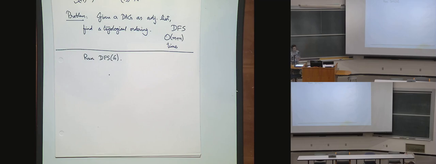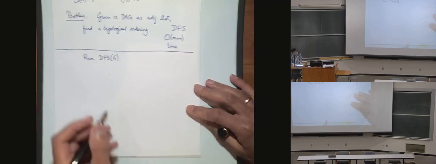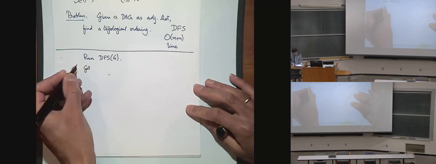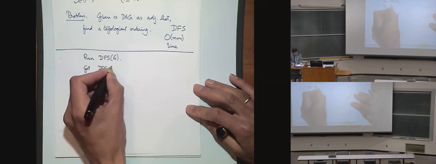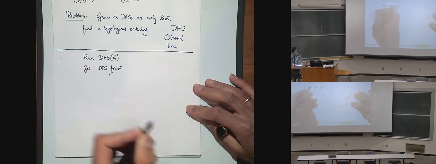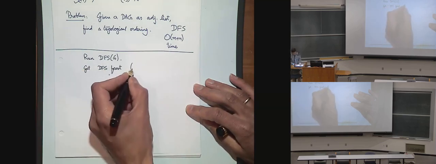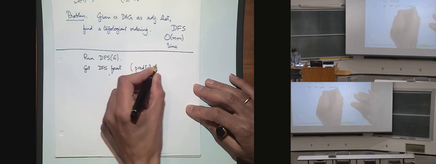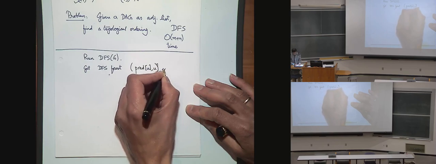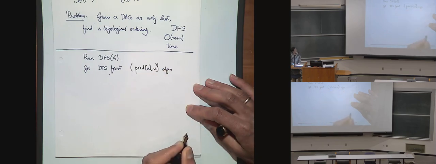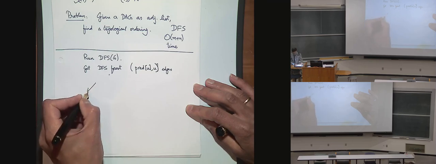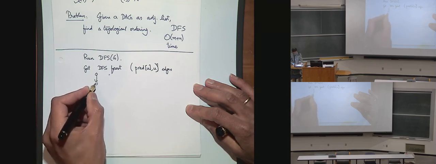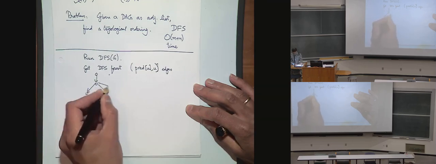So now let me ask you, okay, so first, when you run DFS of G, we get the DFS forest, and these are all basically, you can think of predecessor edges. Right, so the DFS forest is going to give you some structure.